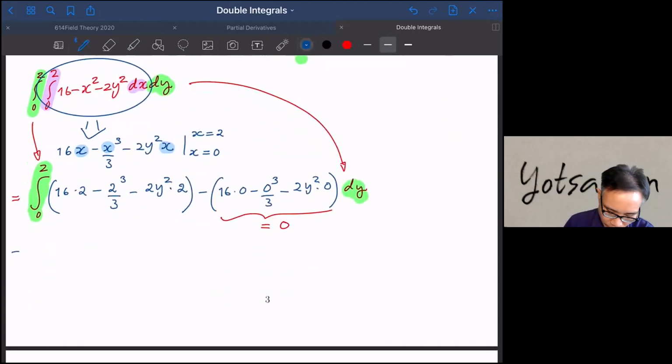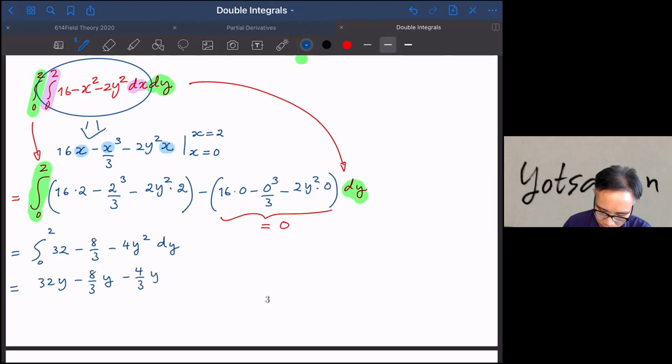So for this one, you have the integral from 0 to 2, and you have 16 times 2, which is 32, and 8 over 3, and 4y squared dy. You just integrate: 32y, 8 over 3 y, 4y to the third over 3, from 0 to 2.